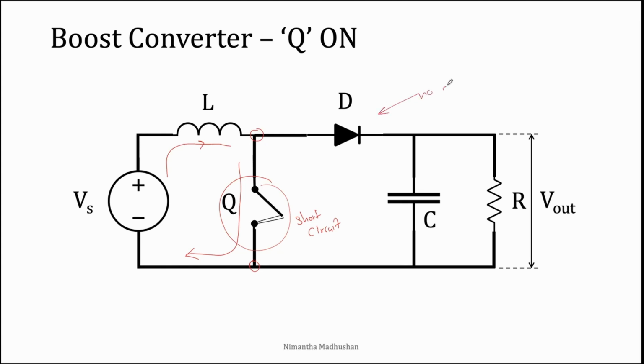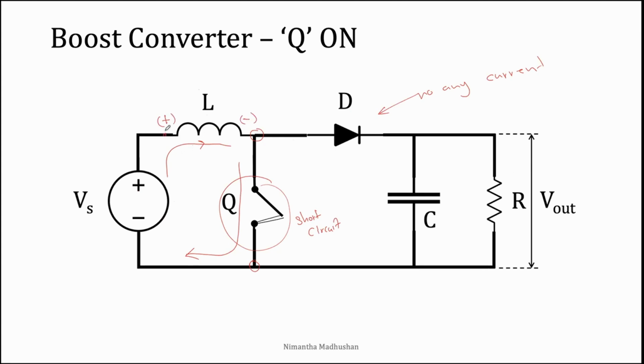No current is flowing through the diode to the load. Then the current path is in this direction and the inductor starts charging with this polarity, plus and minus.